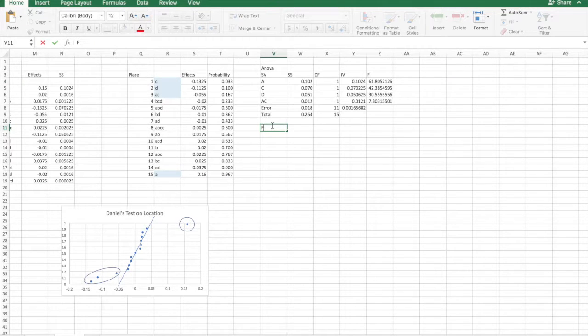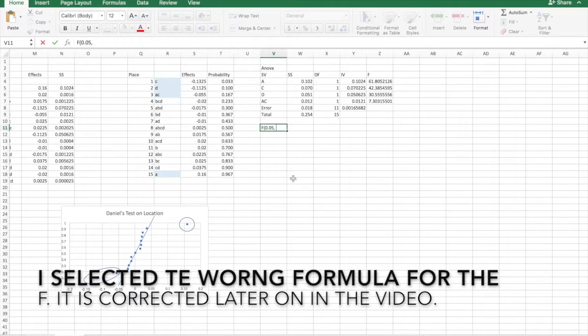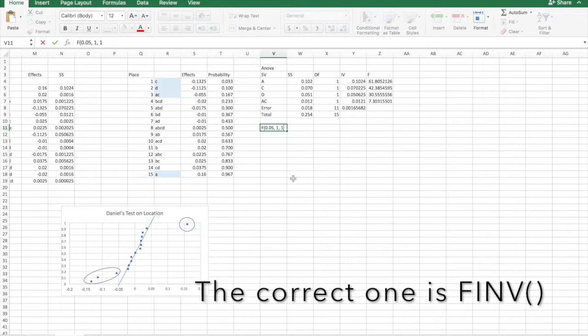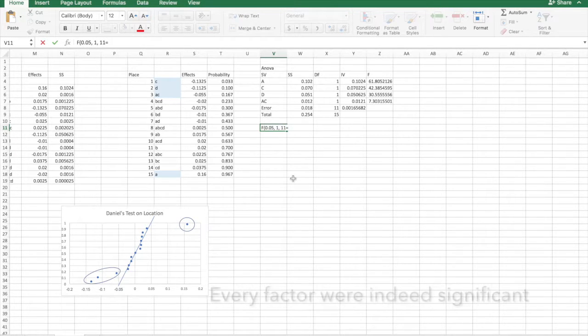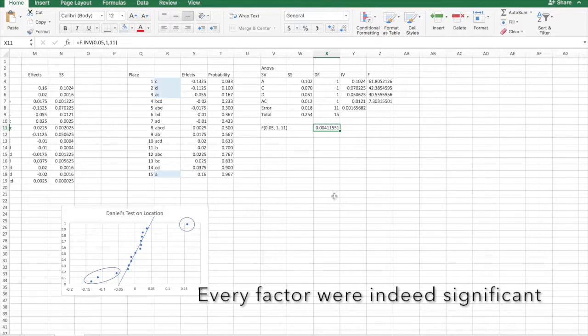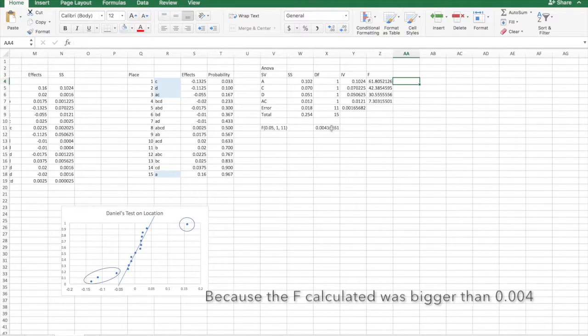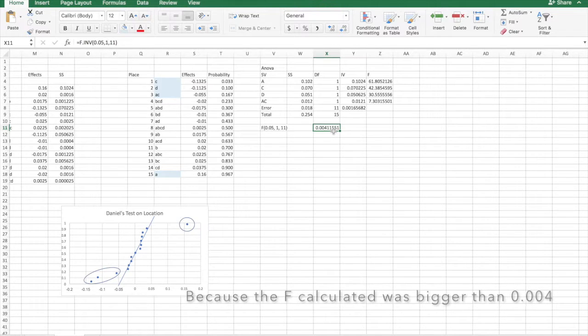We have to calculate the F of 0.05 with 1 degree of freedom in the numerator and 11 on the denominator. Yes, 0.004, which indeed every number is higher than 0.004.